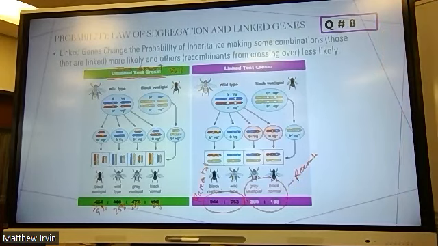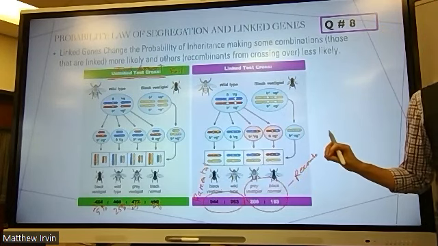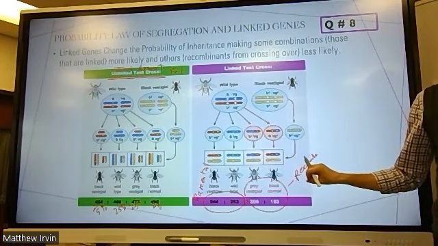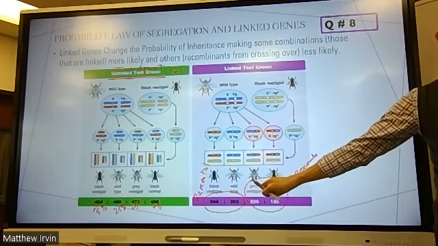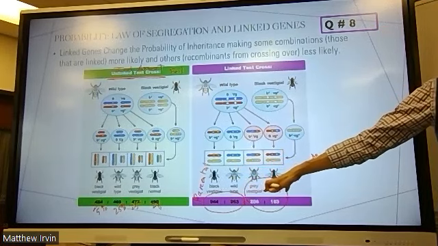And so we can look at this data and figure out, is it actually due to crossing over, or did the random sorting happen to come out this way?